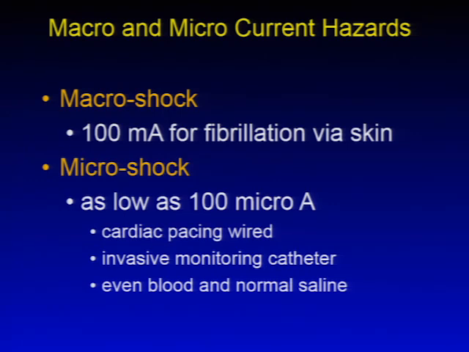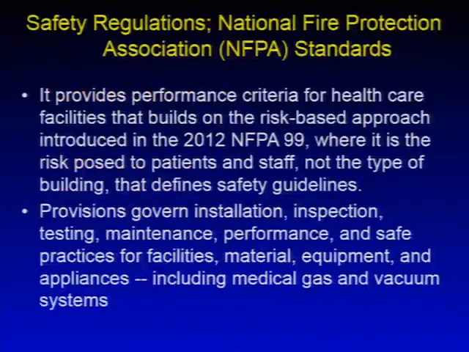However, for patient hazard, microshock is more important. Cardiac fibrillation can be caused by as little as 100 microampere of energy. That can be transmitted with a cardiac pacing wire or invasive monitoring catheter. Even blood or normal saline can be the conductor to cause microshock in the patient.